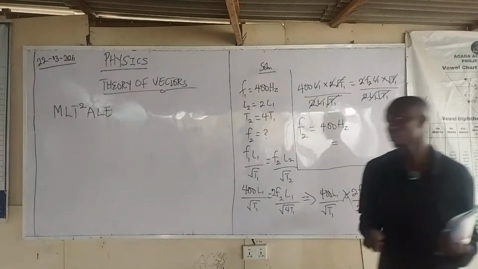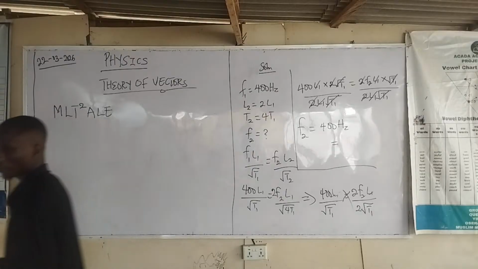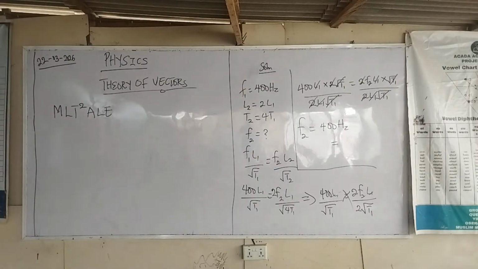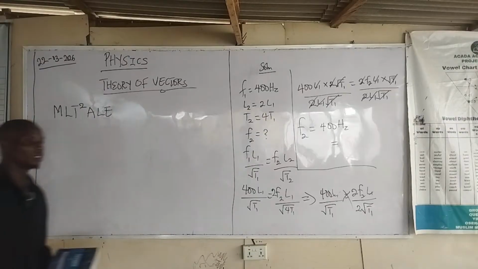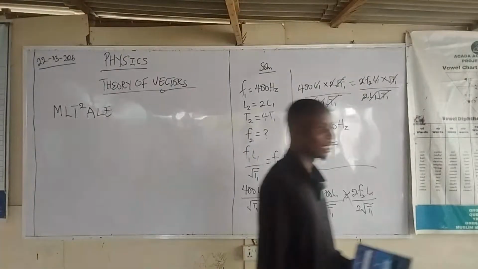Fundamental quantities: M for mass, L for length, T for time, and temperature, A for amount of substance, L for luminous intensity, and E for electric current.